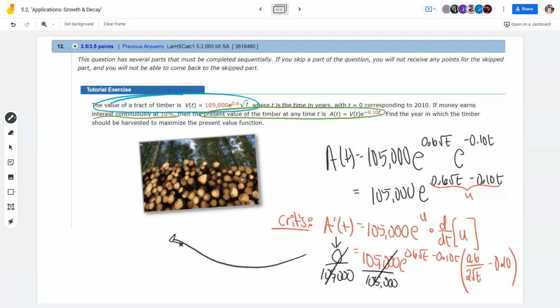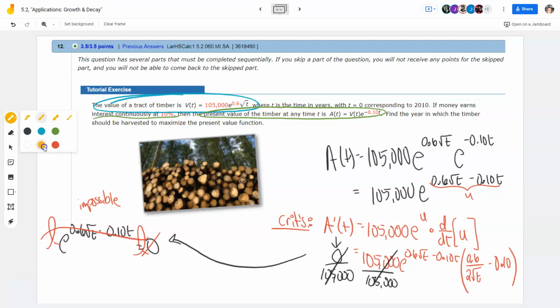And so I land at either e to the, which ln of 0 doesn't work, so it's impossible. Which they have you say is something about not a valid solution. Or the other ones, remember we're looking at both of our factors, where this one equals 0 or this one equals 0. In Algebra 1, I would say splitting the factors, you're setting each factor equal to 0, splitting them up.